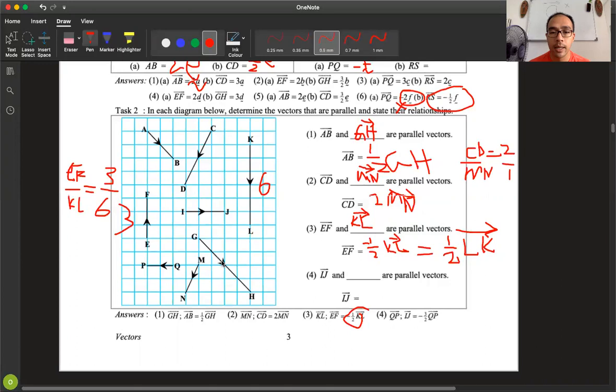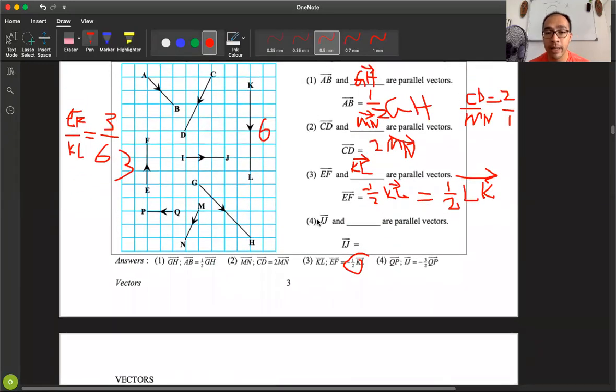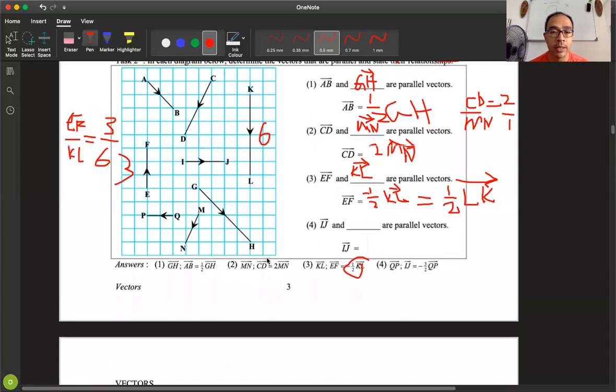Okay, last one. IJ and PQ. Oh, sorry, not PQ. This is vector QP. My mistake, sorry. Vector IJ and vector QP are parallel vectors.